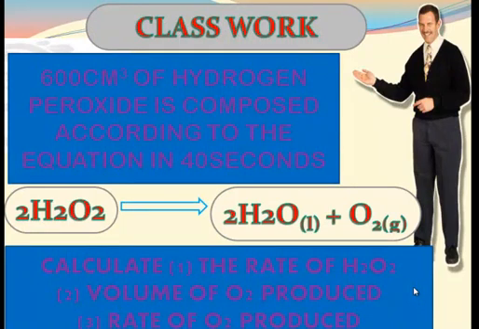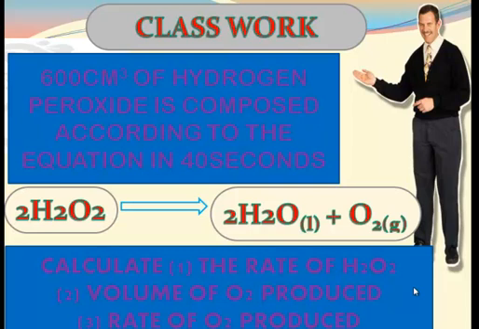If ratio 2 is 600 centimeter cube for hydrogen peroxide, for water also ratio 2 will be 600 centimeter cube, but oxygen is just 1, therefore that one will be 300 centimeter cube.